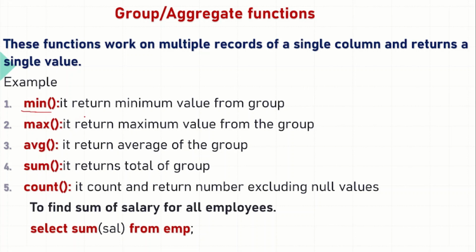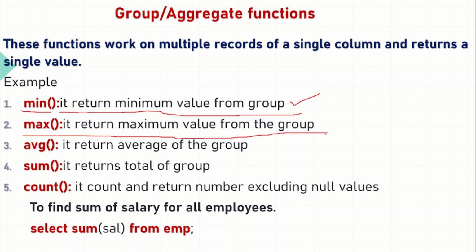Suppose I want to know who is the minimum paid employee in the whole company, meaning I will be working on the whole data of the company for the salary field. This min function will return the minimum value for the group. Similarly, sometimes I want to know the maximum salary we pay to an employee. Such questions can be answered with the help of max.